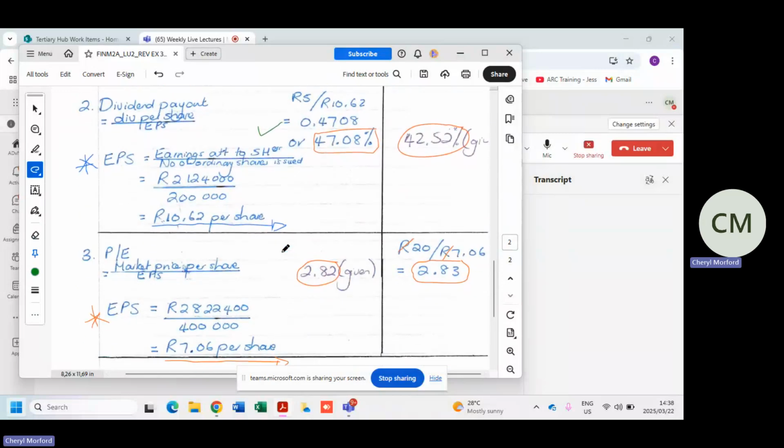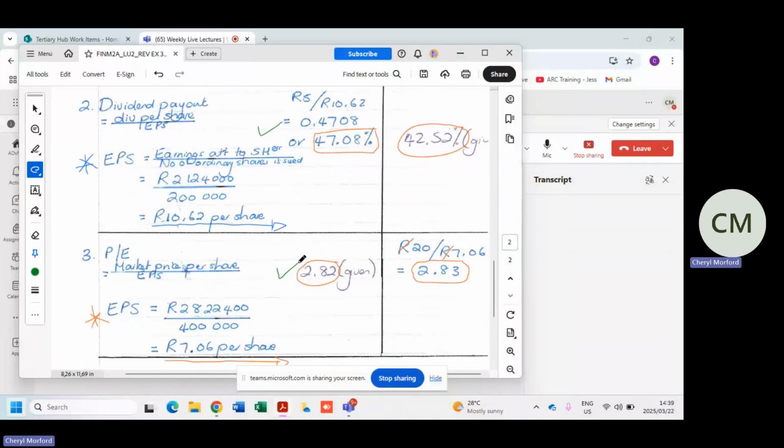Then in terms of PE, extremely similar. So that would not be what would change your decision, but slightly lower for pink. So pink gets the nod again. And there's actually a 4th one here that we can use because we had to work out earnings per share for both.